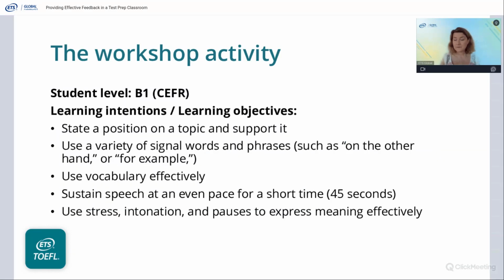Okay. Okay, so our context for this activity is we have a student that's roughly B1, let's say, and the learning objectives are, first, we want the student to be able to state a position on a topic and support it, to use a variety of signal words and phrases, such as on the other hand, or for example, to use vocabulary effectively, to sustain speech at an even pace for a short time, 45 seconds, and to use stress, intonation, and pauses to express meaning effectively.